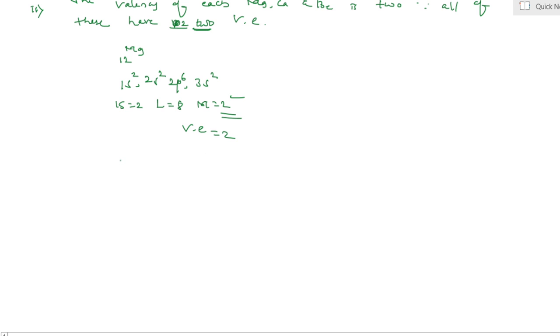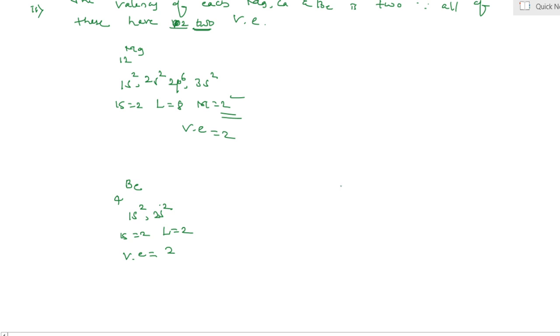So take another example: beryllium 4, electronic configuration 1s2, 2s2. Yes, it means K cell 2 electrons, L cell 2 electrons, and valence electrons here are 2. Yes, my dear students.